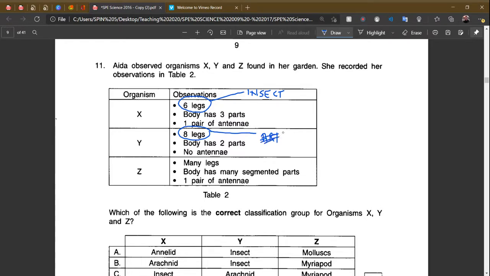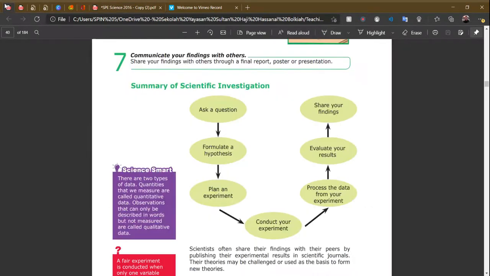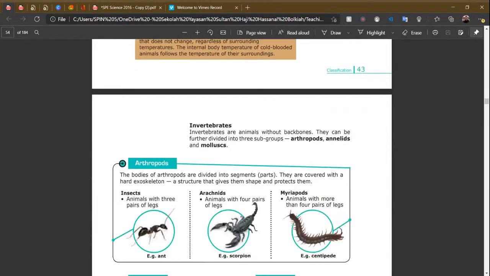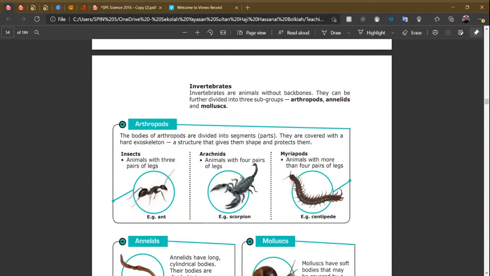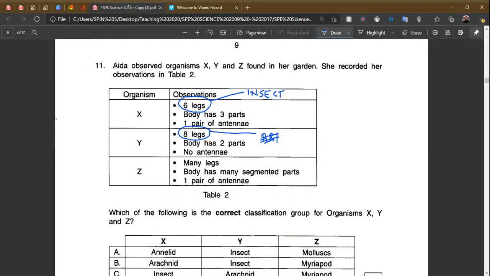Let's double check in your book, the topic on classification, which is this one, and you have insect, six letters, and then arachnid is the second one. Arachnid, 1, 2, 3, 4, 5, 6, 7, 8 letters, and M, many legs. We just write it down as myriapod. M being many, myriapod. Since many, include S and N.